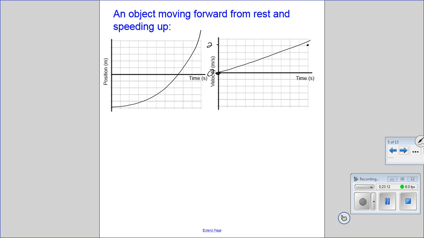All right, let's make sure you understand each property of the graph. How do I look at my position time graph and know that it's moving forward? Because it's a positive slope. It's sloped uphill, right? That means it's moving forward. How about on my velocity time graph? How can I look at it and know it's moving forward?